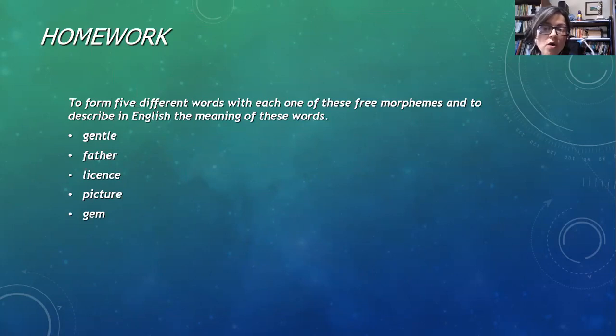So you are going to look in your dictionary for words with the word gentle, and you are going to find the words and write them, and then describe the meaning of each word, and you are going to learn new different words with their base form, morpheme.